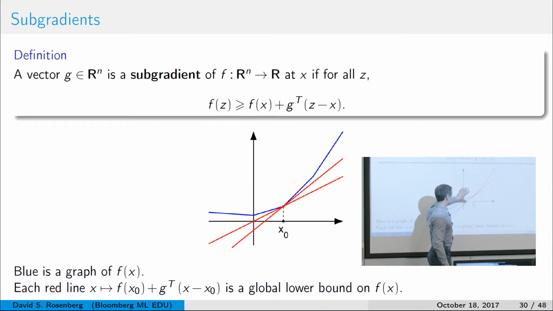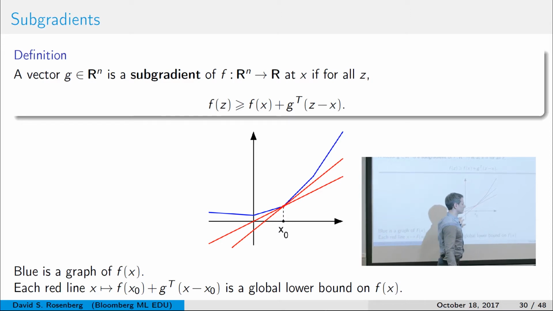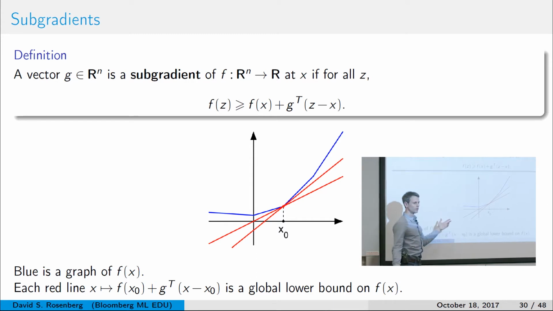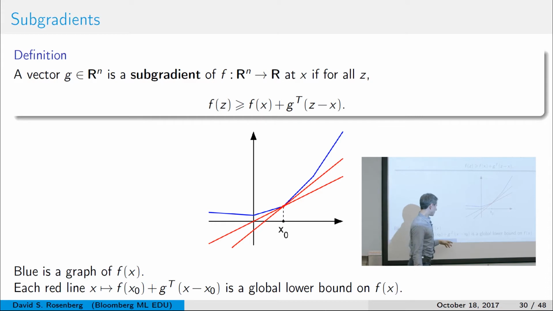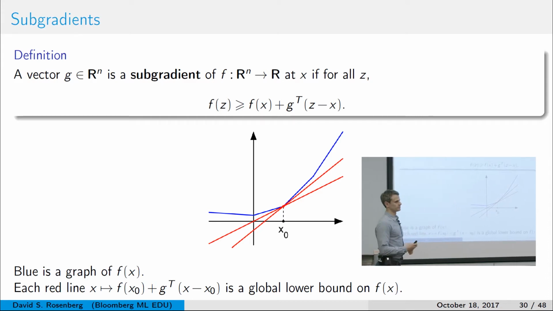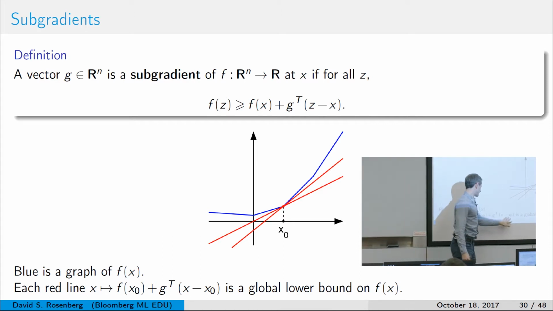Absolutely correct. In this picture, R. This is a one-dimensional function, so in this picture, g is just a number. What is the number relating to these lines? How would you interpret this number in the context of this line?